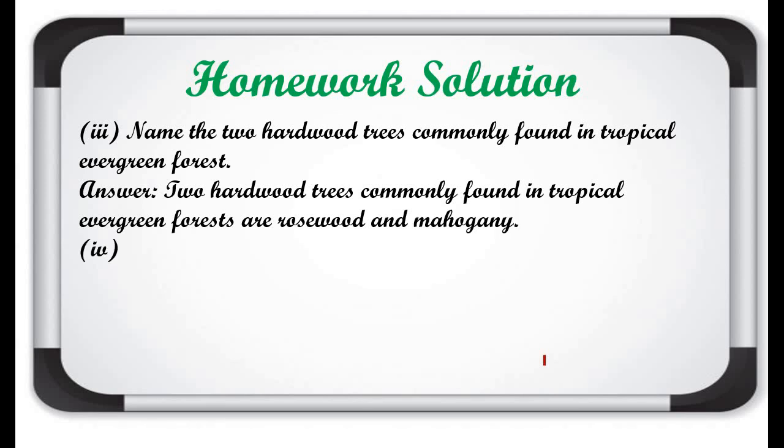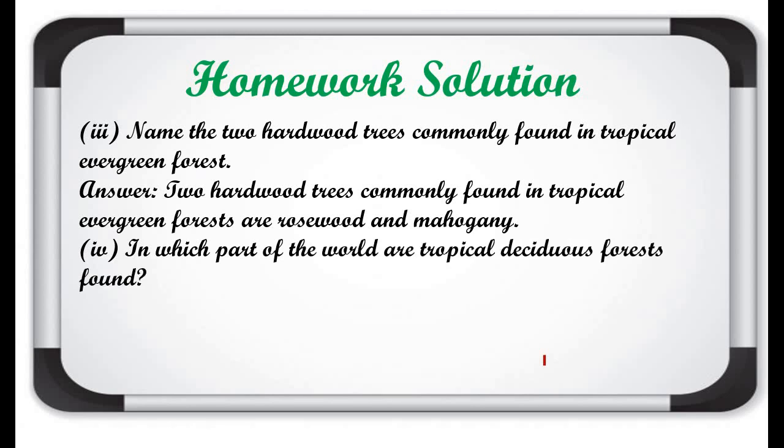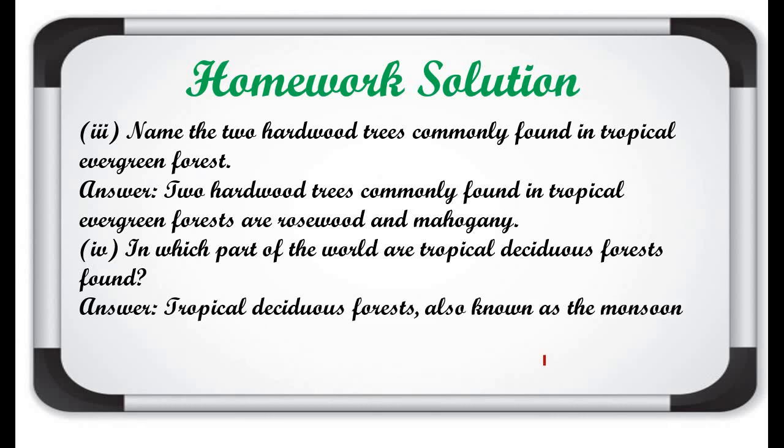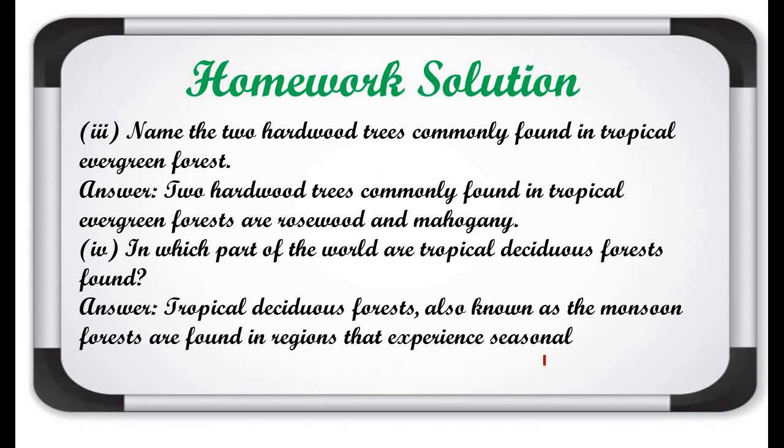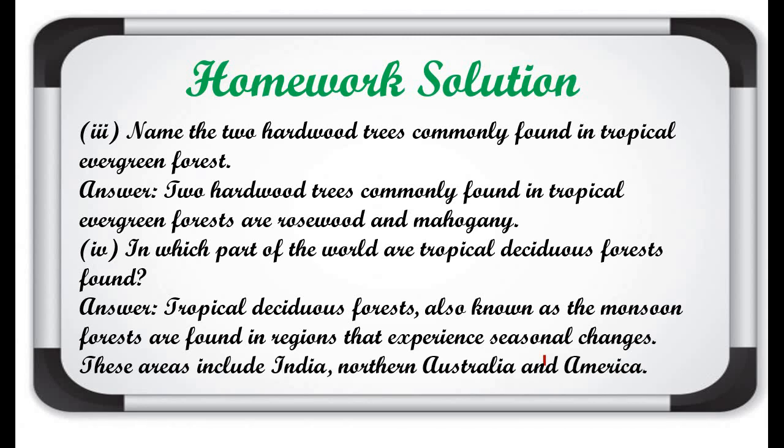Next question: in which part of the world are tropical deciduous forests found? The answer is that tropical deciduous forest, also known as monsoon forest, is found in regions that experience seasonal changes, and these include India, Northern Australia and America.